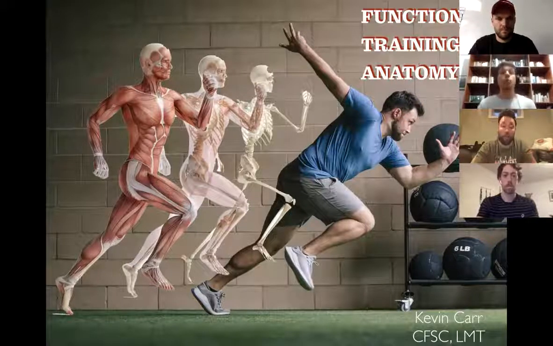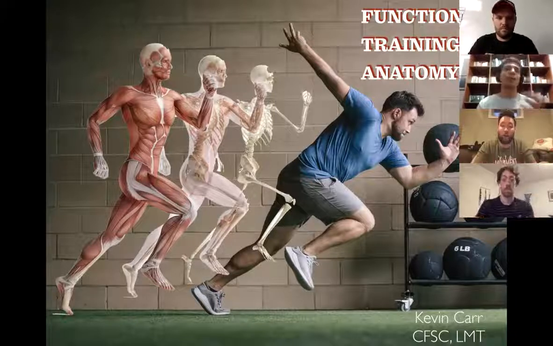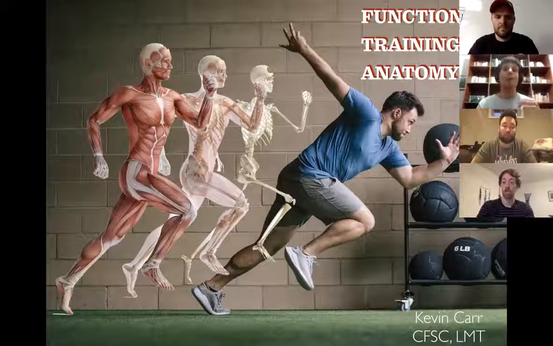When you go to a cadaver lab, it can be really eye-opening to see what position things are in. However, this doesn't necessarily tell us, while they're lying in the supine position on the table, what's going on when that athlete is running or doing some sort of exercise. It just opens the door to give us a foundation.